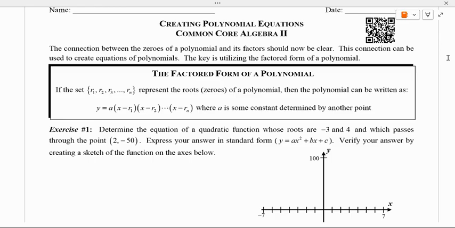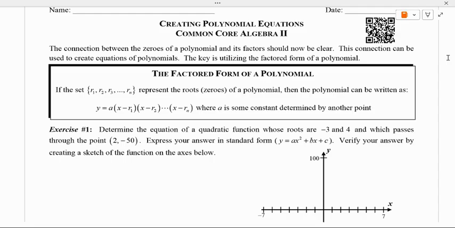All right. So today we're going to talk about creating polynomial equations written in factored form. So we might have to do some things that you learned in Math 1 and definitely Math 2 to be able to put equations in standard form.